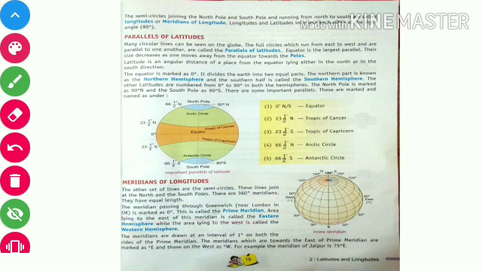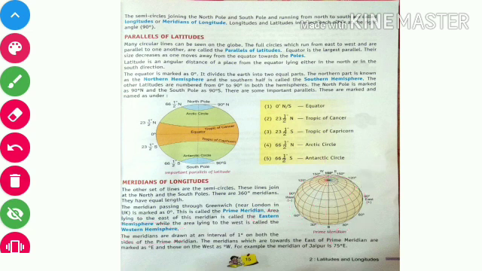The area lying to the east of this meridian is called the eastern hemisphere. If we cut the globe vertically from the middle, we get two hemispheres: one is the eastern hemisphere, another is the western hemisphere.